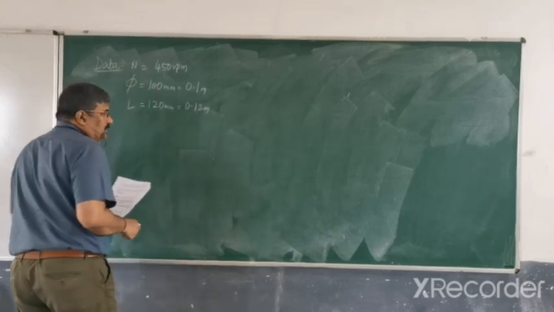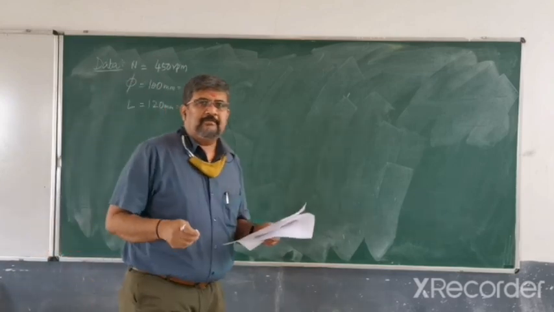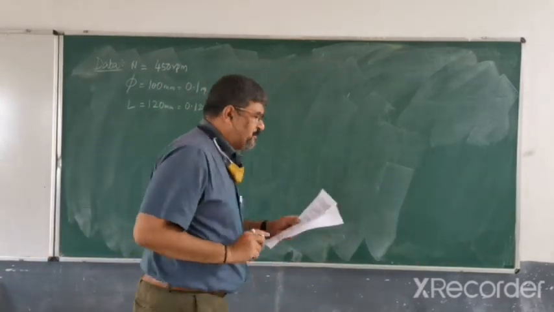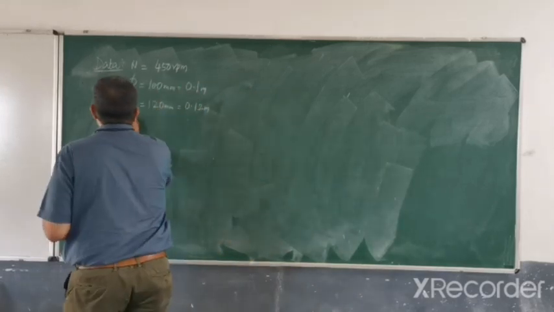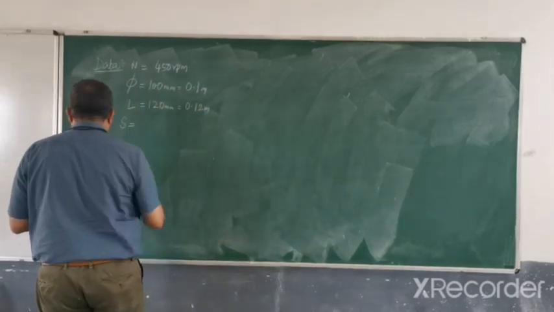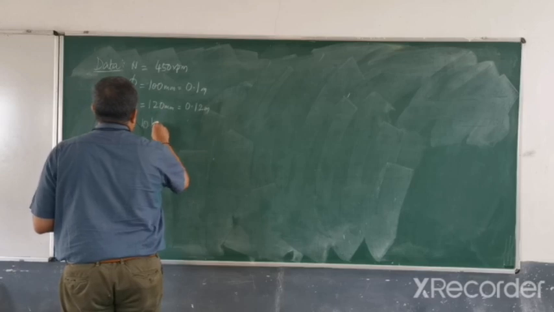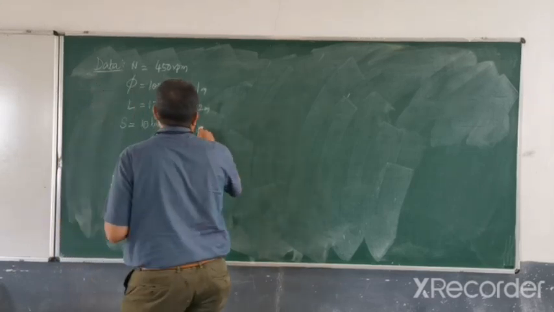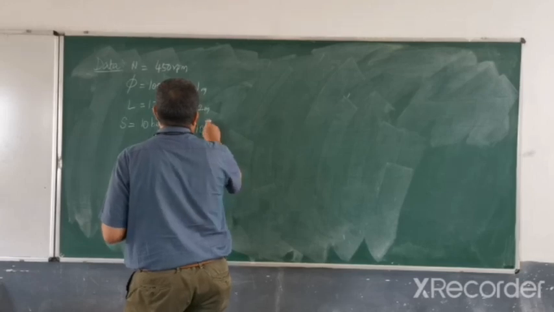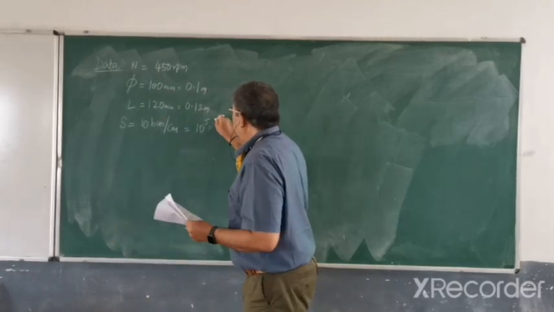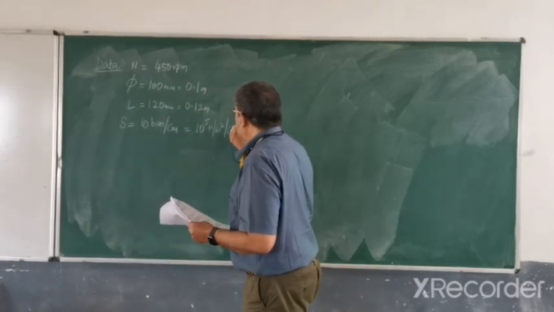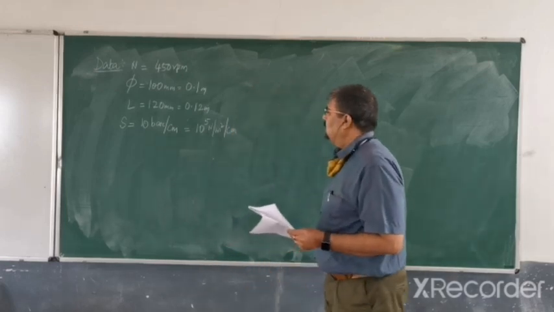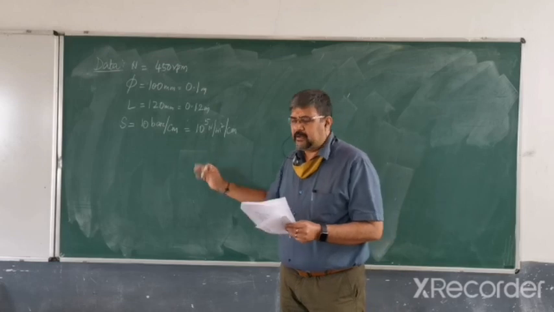Then the formula for the mean effective pressure is S A by M. The spring constant, that is the value of S, is 10 bar per centimeter, which is nothing but 10 raised to 5 Newton per meter square per centimeter. So you will get the value in Newton per meter square.